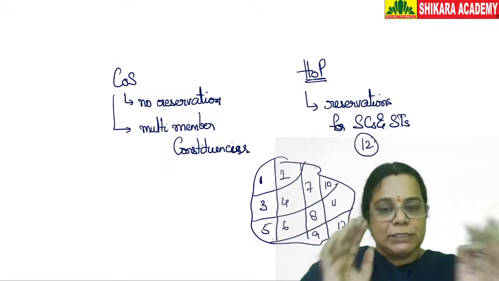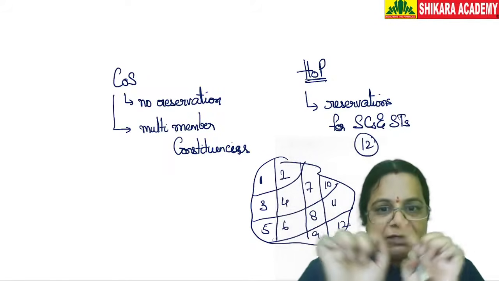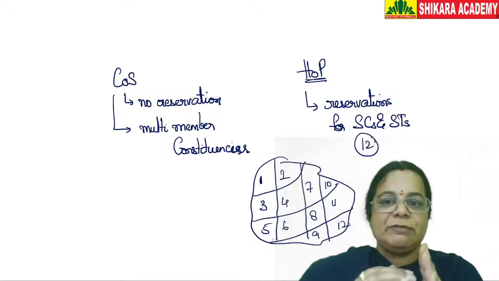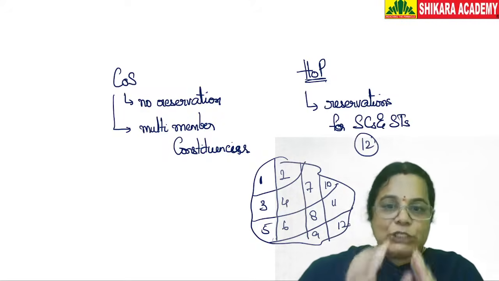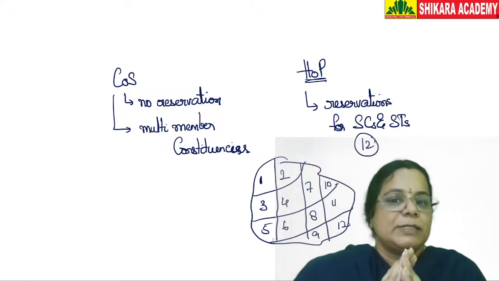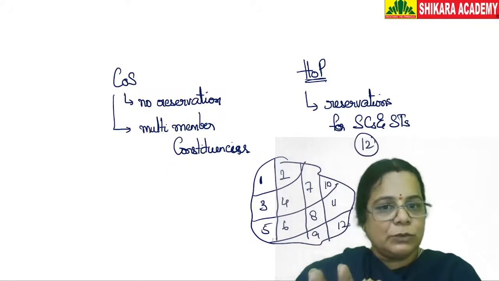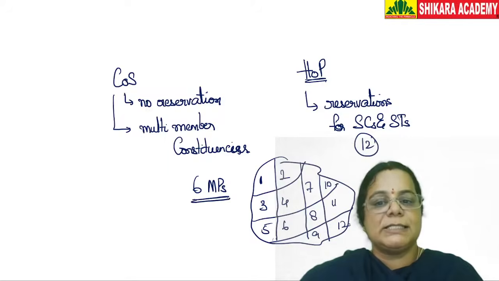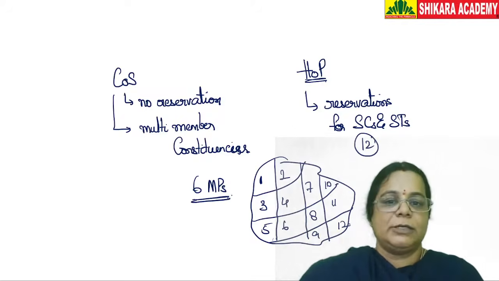Each member represents a specific demarcated territory. We call this delimitation. Each member represents that and has a specific area. When it comes to Rajya Sabha, there might be six MPs from this state, but if you ask these six MPs to show you their constituency, they will not have a specified area.